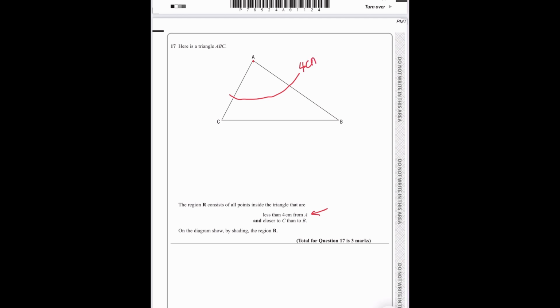So that is 4 centimetre arc from point A. It's closer to C than B. So looking at our CB line, we put our compass point on one end and we draw an arc, and we put our compass point on the other end and we draw another arc to get a perpendicular bisector. And shape R, region R, is going to be there.